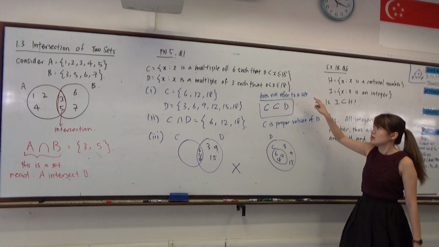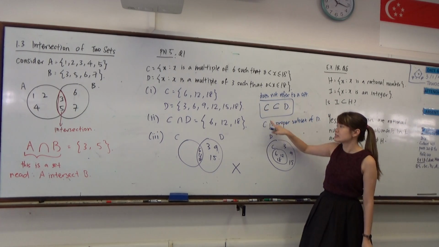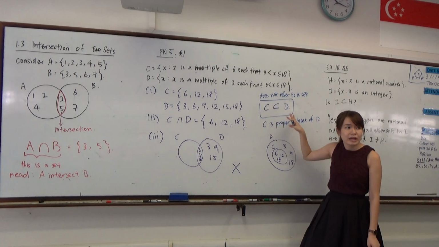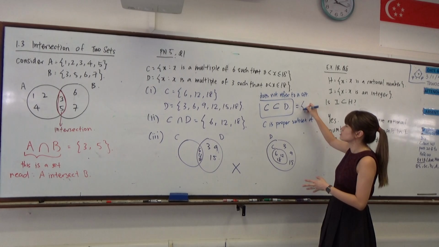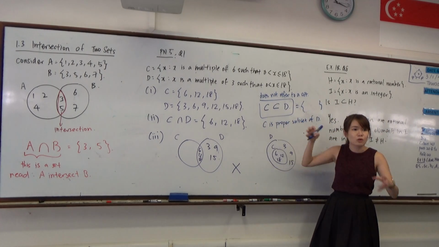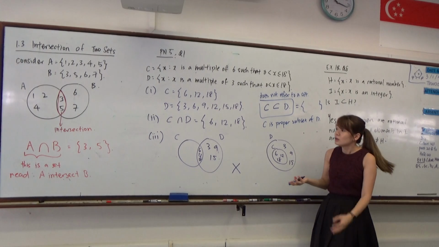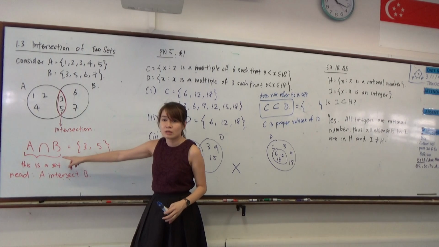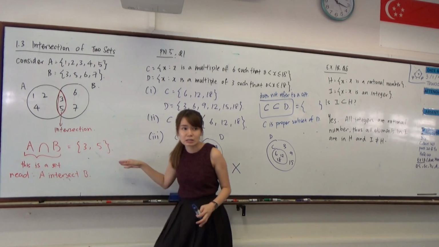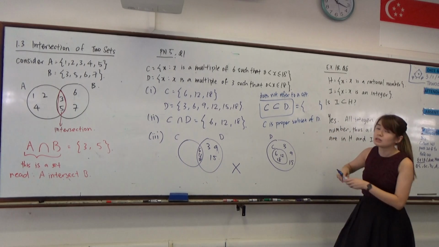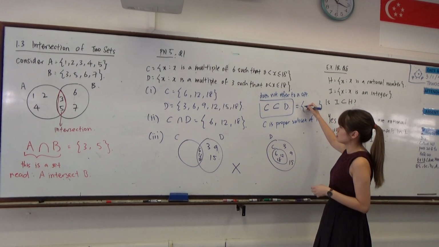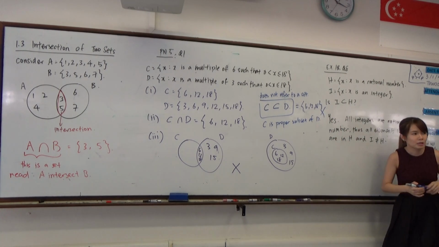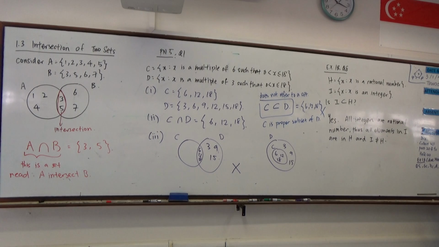Naming wise, it just reads as C is a proper subset of D. But you cannot say it equals certain elements, because this does not refer to a set. It's not a name of a set. Whereas this can be a name for a set itself. So you can write it in this manner, but you cannot write it in this manner. Are we clear about the notation?